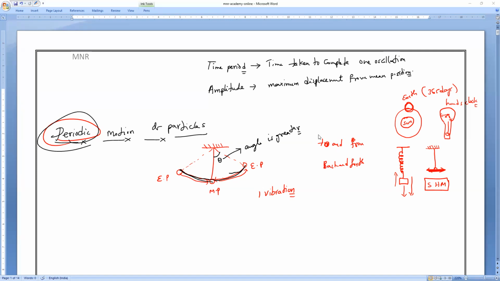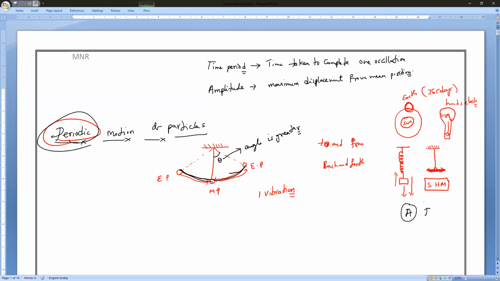SHM means harmonic motion in which amplitude and time period of oscillation remain constant, and theta must be extremely small, very, very small.